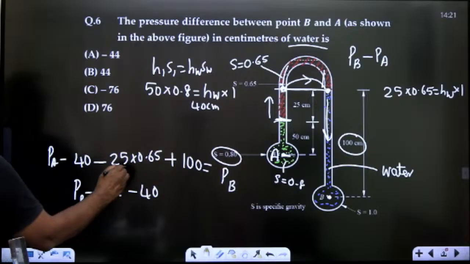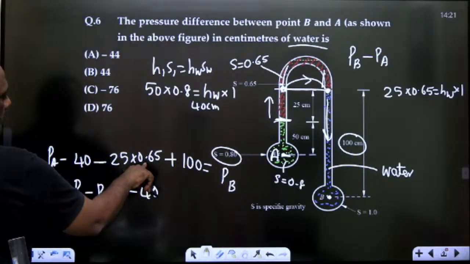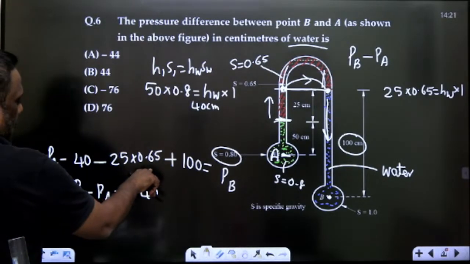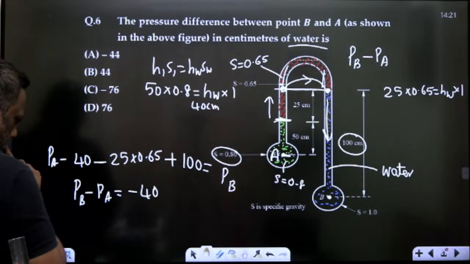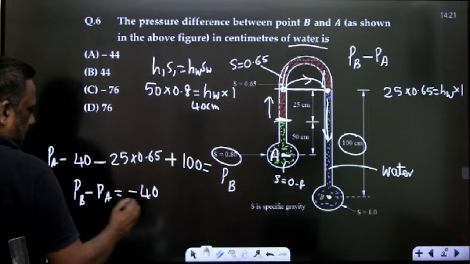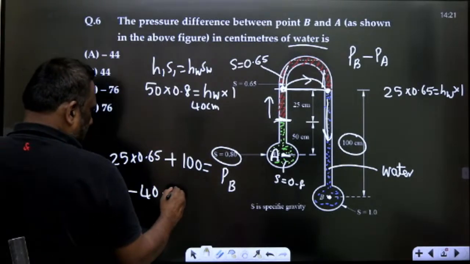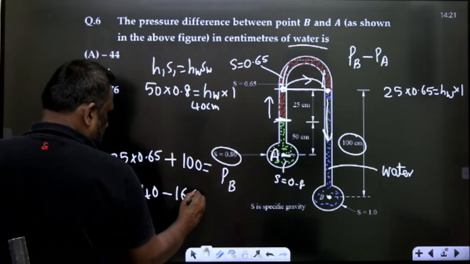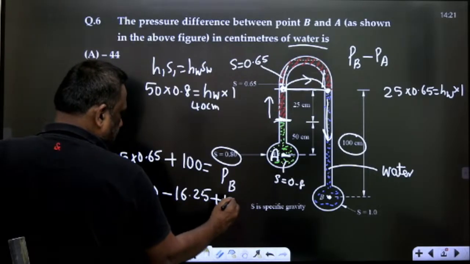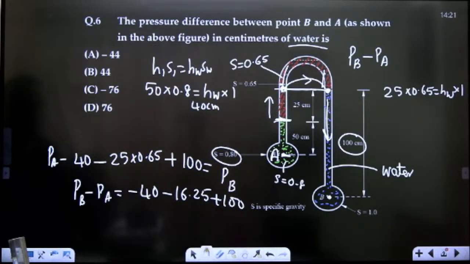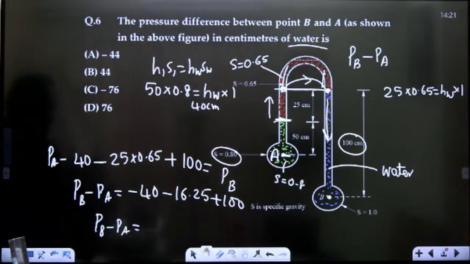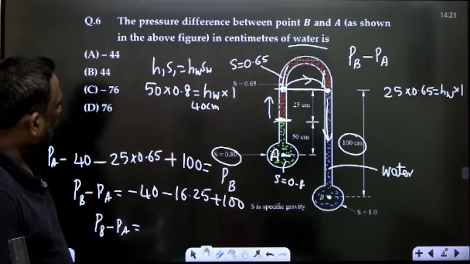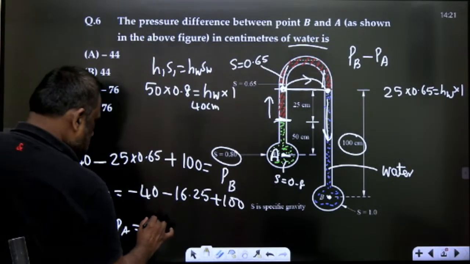ये कितना होगा सर? By 100. 1 by 4. 65 by 4 कितना आएगा सर? Is it correct? What is PB minus PA, sir? 43.75 na?